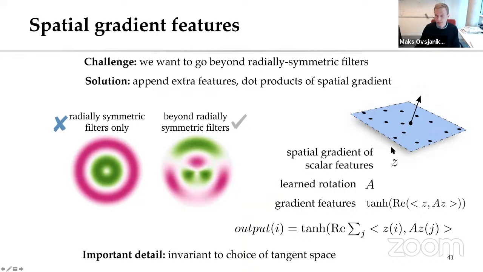We start with some function on the surface. We first compute the gradient of that function at a point, which gives us a vector, and for every feature function we have its own gradient. Now we take these gradients and compute inner products between them, where each of the gradients is scaled by some scalar value a.